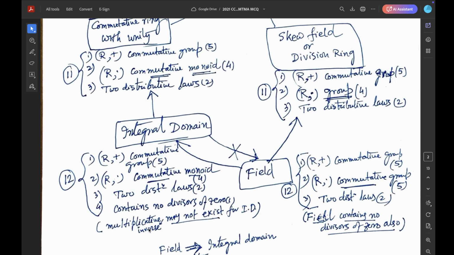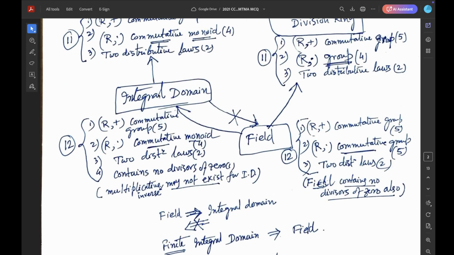That is, a multiplicative inverse may not exist for an integral domain. So a field is an integral domain, but every integral domain is not a field. Only a finite integral domain is a field. And for a field also there are 12 properties: R plus is a commutative group, R dot is a commutative group, 5 properties, and 2 distributive laws, and a field contains no divisor of 0 also.